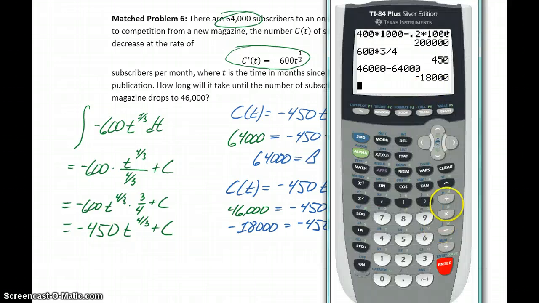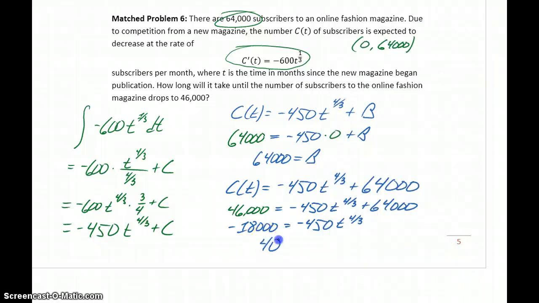So we'll take our negative 18,000, divide both sides by negative 450, which gives us 40 equals t to the 4/3.